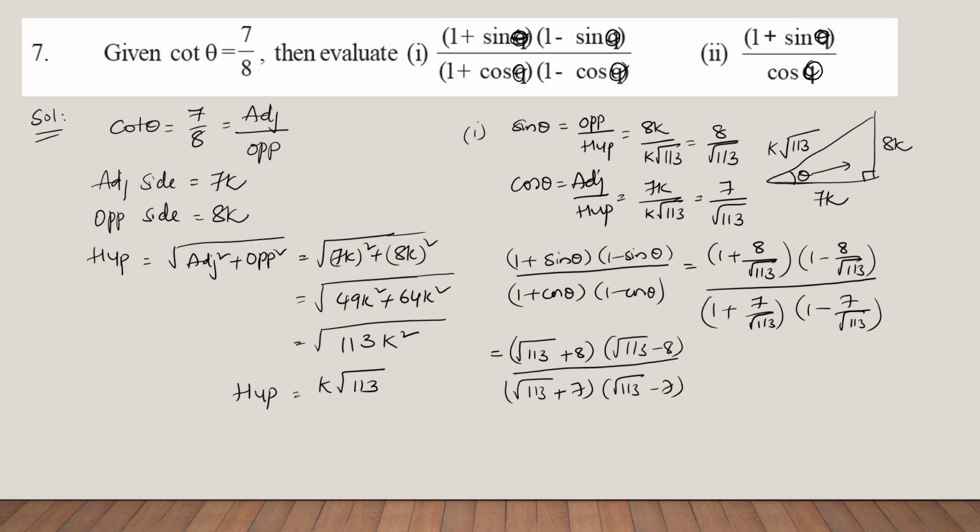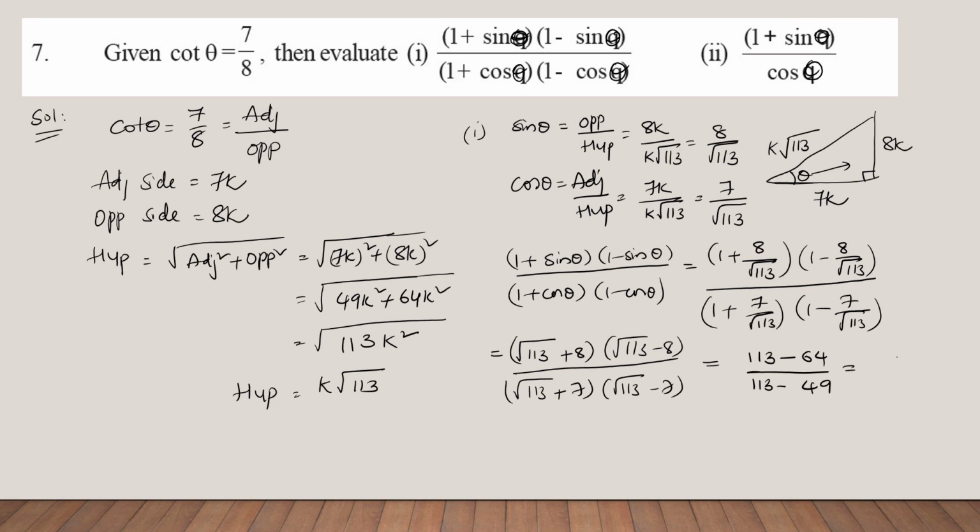If you observe this carefully, the LCM is root 113 in both numerator and denominator, so the denominators get cancelled out. Now finally it is in the form of (a plus b)(a minus b), which I can write as a square minus b square. So root 113 whole square is 113 minus 8 square, which is 64, divided by 113 minus 49.